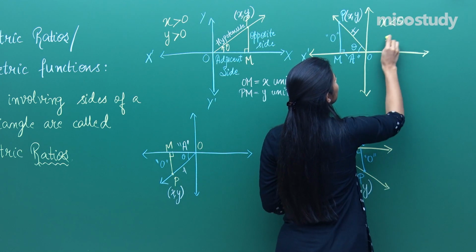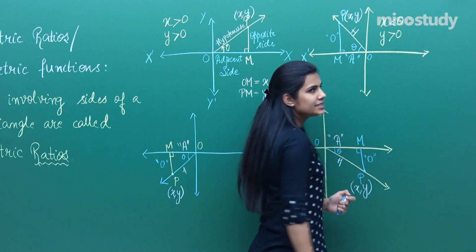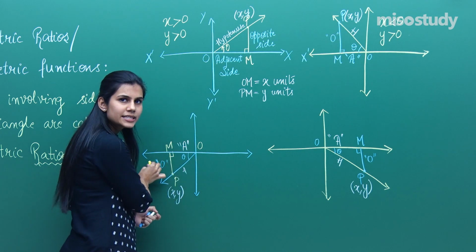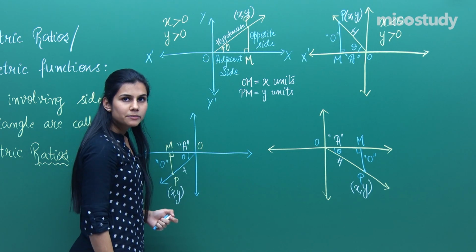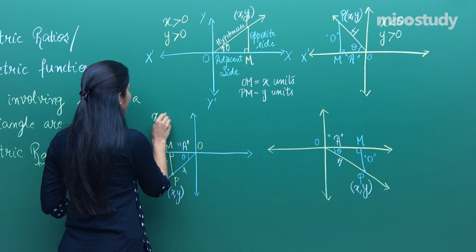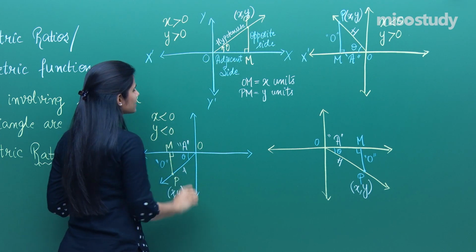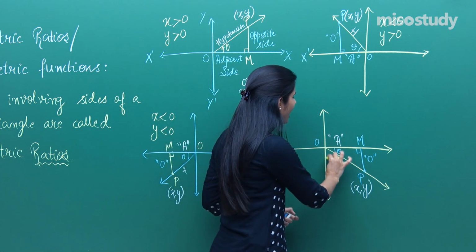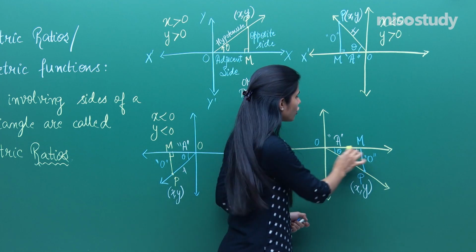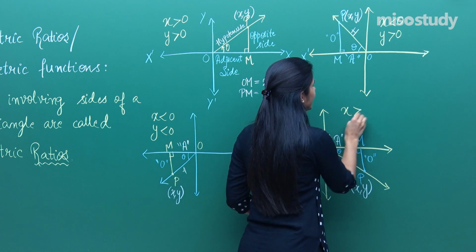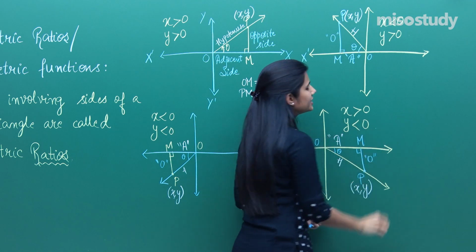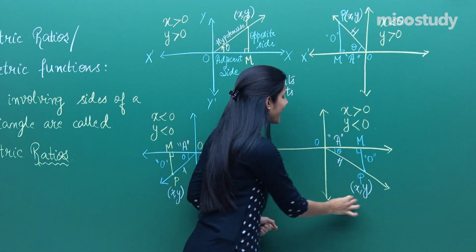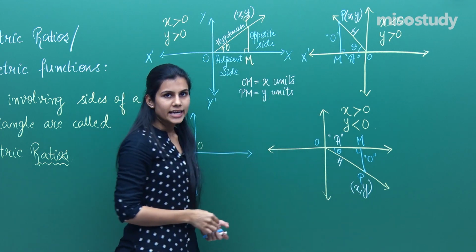So your x becomes negative and your y becomes positive in this case. If you come up here, your x becomes negative, your y also becomes negative. Whereas over here, your y becomes negative and your x is positive. So x is positive and y is negative. This is the difference in x and y in all the four cases.